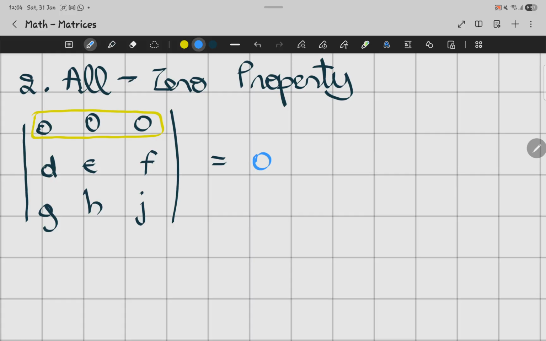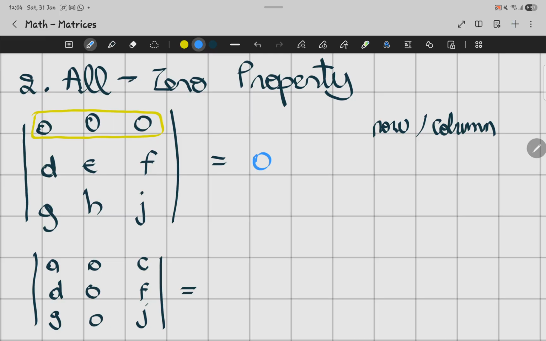So it could be a row or a column. Let me give you another example. You see, because we have 0 everywhere in this column, the answer for this matrix is going to be 0. So this is the case where we see a row equal to 0, and here it's a case where a column is equal to 0.